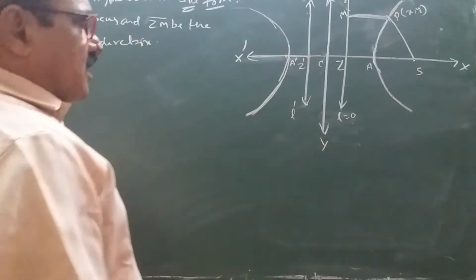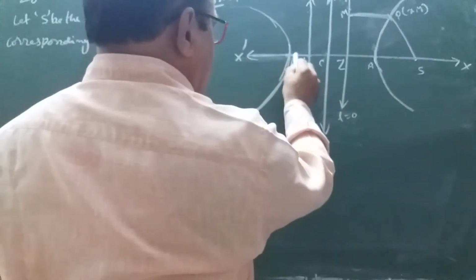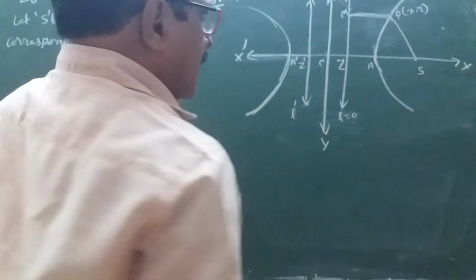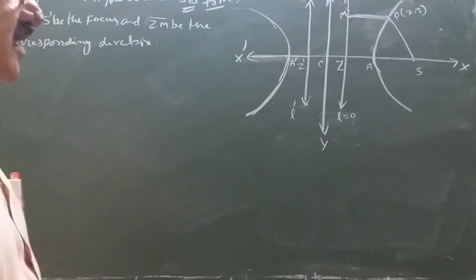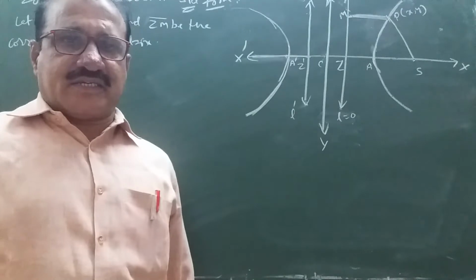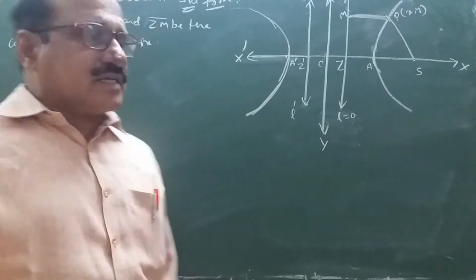Let A and A dash be the points which divide SZ in the ratio e:1 internally and externally.